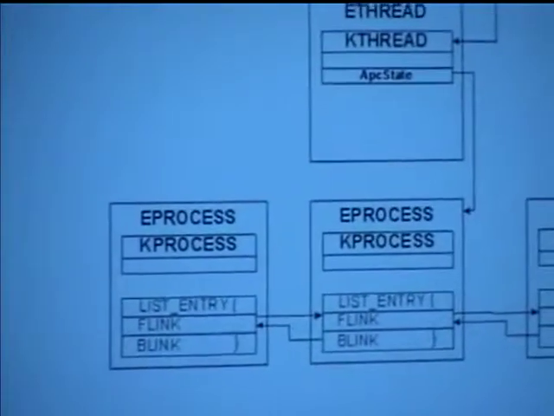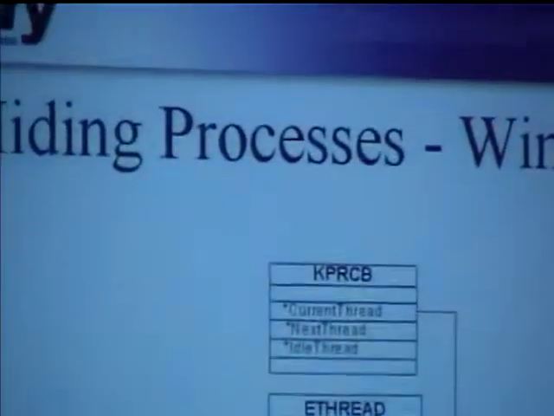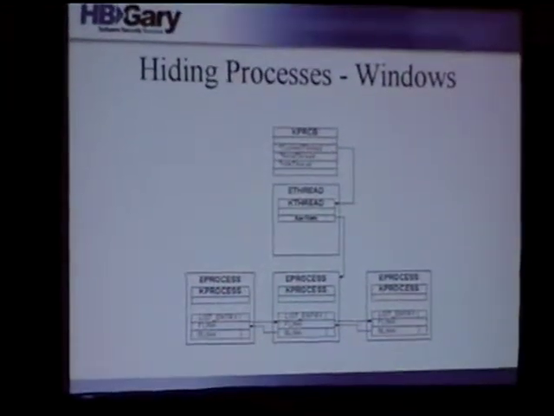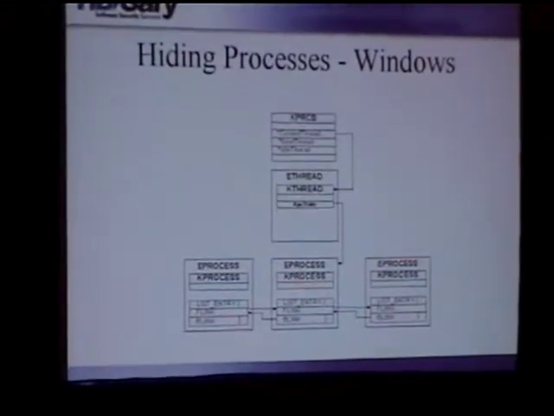So a flink is a forward link, and a blink is obviously a backward link. And if you modify those in the right way, you just tell the processes to point around you. So this is a little animation, no magic. Right here, we've done all the calls to get the current thread, we've got the current process, and in this example, we assume you're trying to hide the current process. But you don't have to assume that. You can walk the list of EProcess blocks until you reach the process you want to hide.